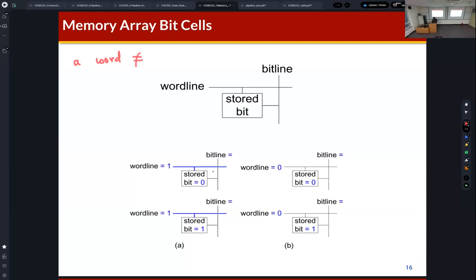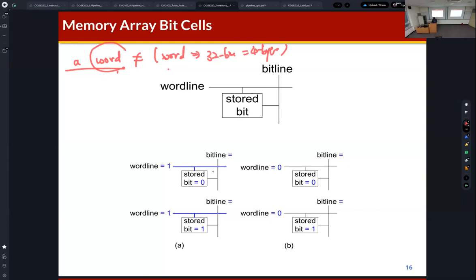The data size word is 32 bits, right? So 4 bytes. But when we mention a word in the memory device, this definition of a word is different from the word that represents the size of data.